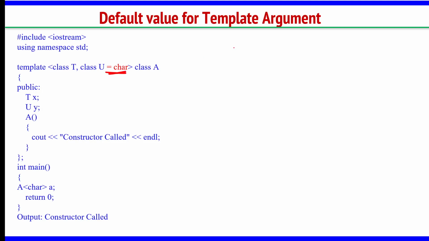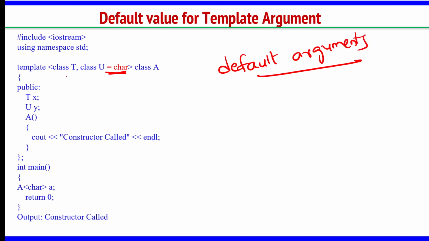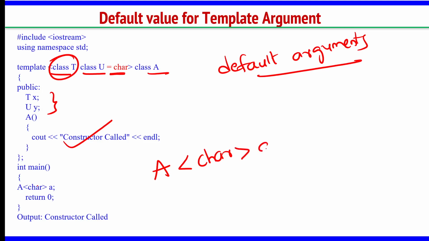Like default arguments. We have already studied the default arguments concept in the beginning of this C++ course. So, one of the classes you can pass here, the other one by default can be this. So, in this example, class T, class U, I am writing equal to char like this. Then for class A, when you are creating an object, you can give only the first type and create an object.